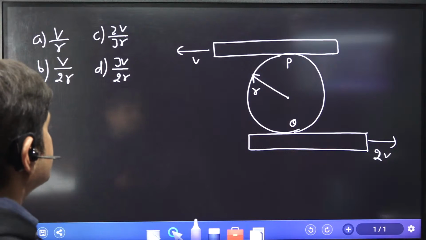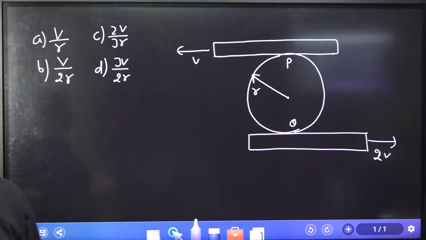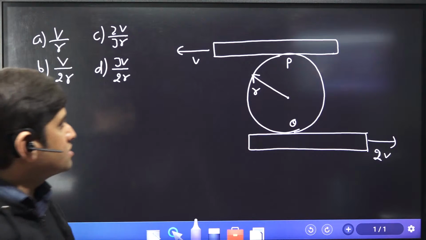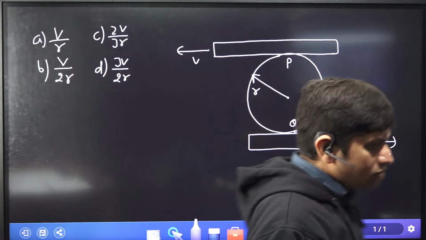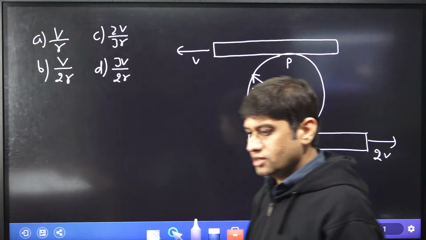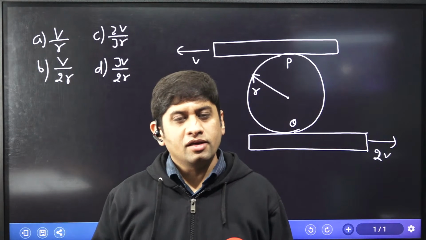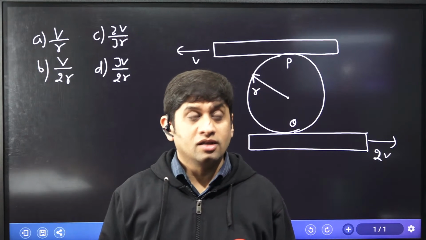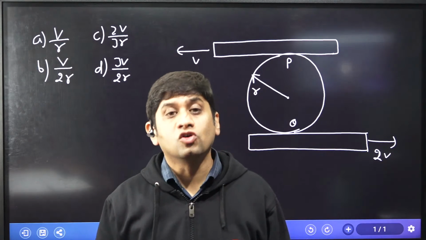So there is a disk which is in contact with these plates, and it is going to slip like this. Now what is this question? You will say, sir, angular velocity. Okay, let me ask you a question. Can you tell me the point about which this disk is rotating?